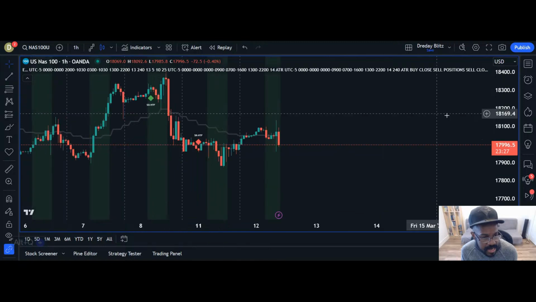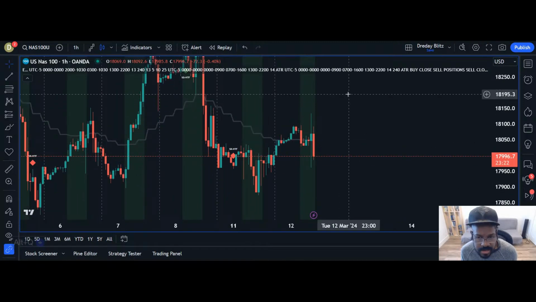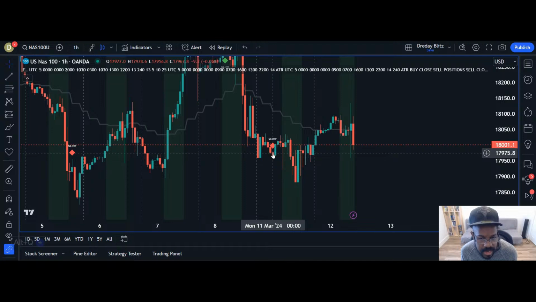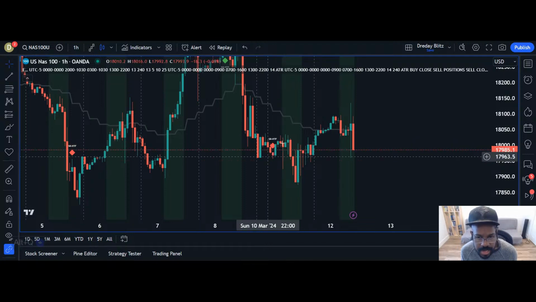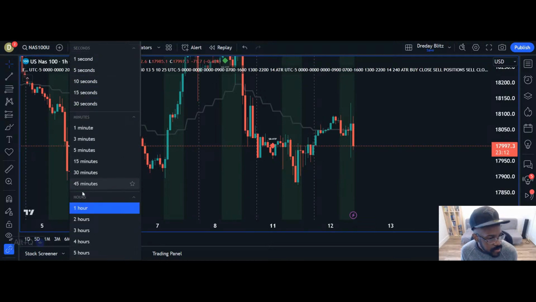Same thing here for Nasdaq. We're looking for sells here since, as you can see, yesterday morning at midnight. We did have some sell momentum here overall.